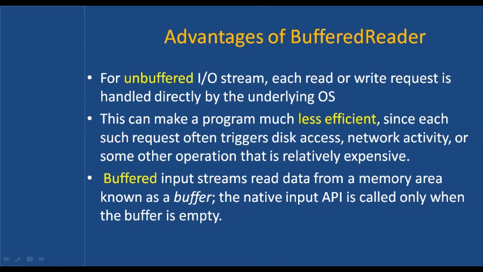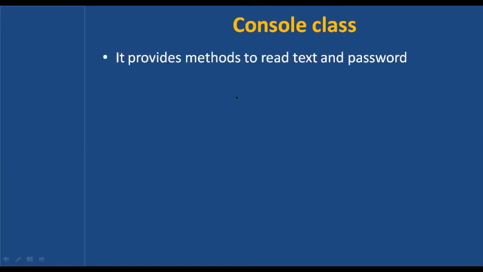If you use classes which support buffered input streams, they read data from a memory area known as a buffer. The native API is called only when the buffer is empty. The next class to read input from the user is the Console class. Basically, we use this Console class if we want to read passwords. It provides methods to read text and passwords.